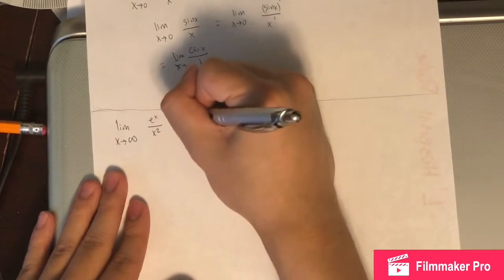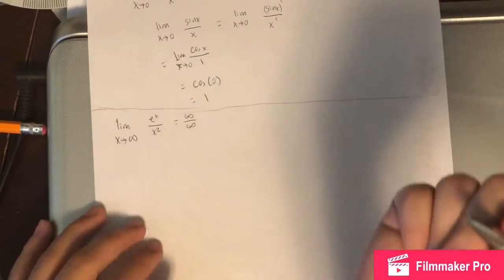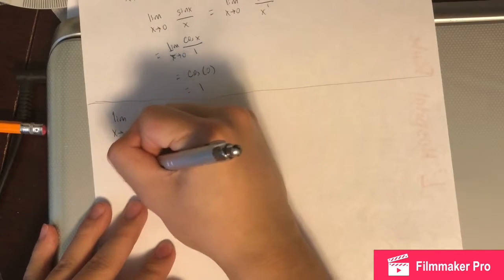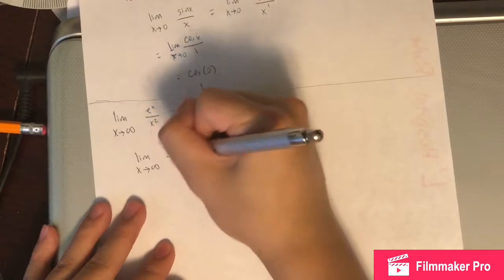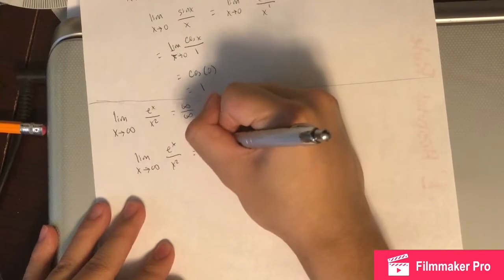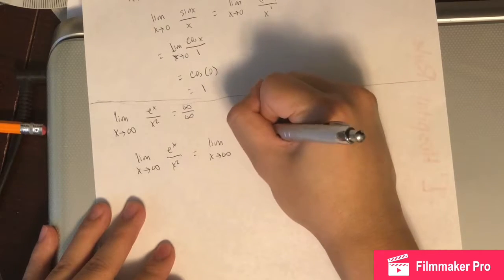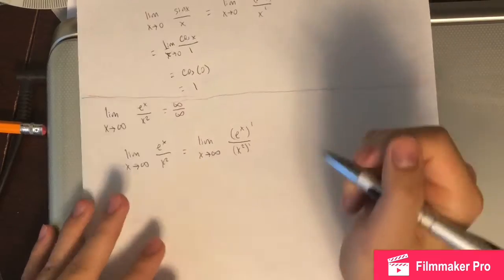This one equals infinity over infinity, and we cannot use any other ways to solve it. So we would have the limit of x to infinity of e to the power of x over x squared equals the limit of x to infinity of e to the power of x prime over x squared prime.